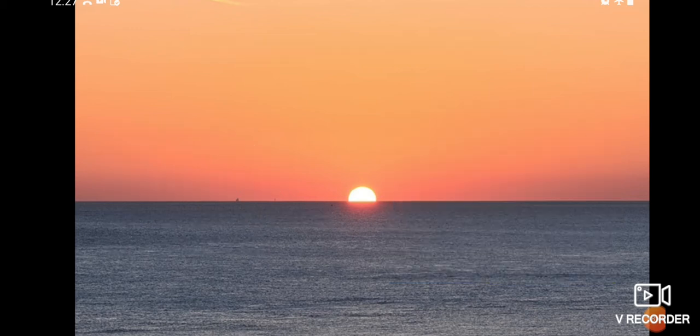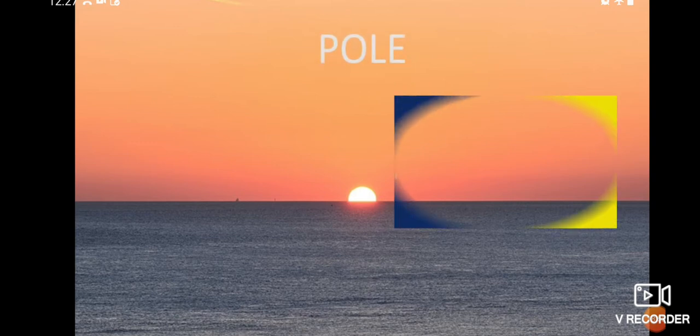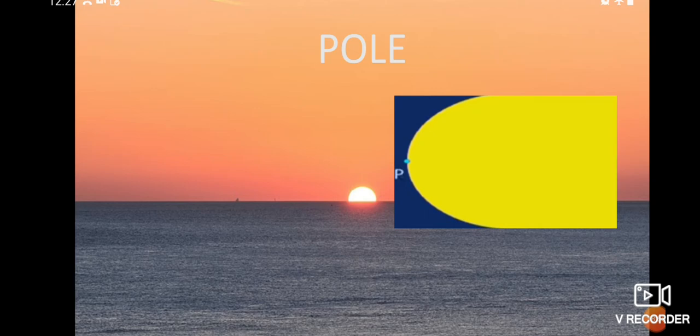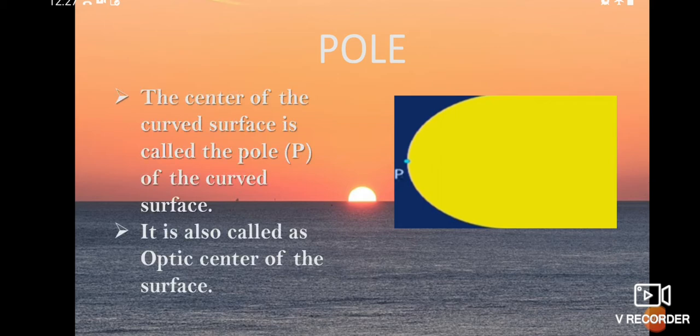Okay, the next term is pole. So pole means, see, where the light ray first hits the interface, that is called the pole. The center of the curved surface is called the pole, the curved surface, not the sphere.